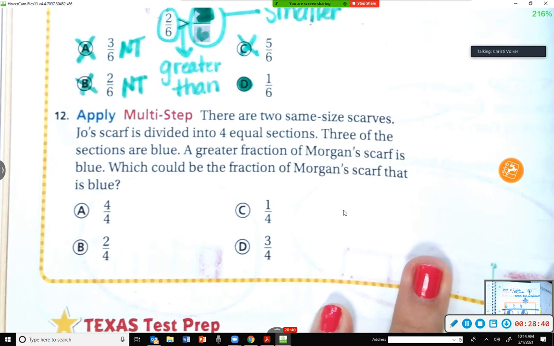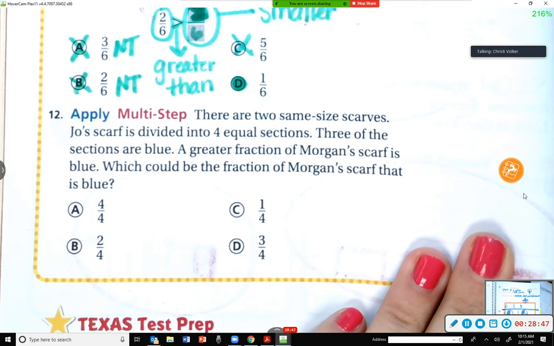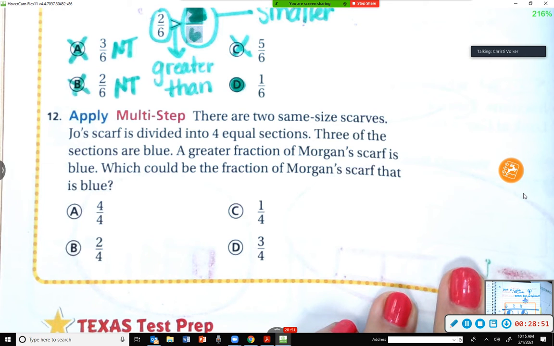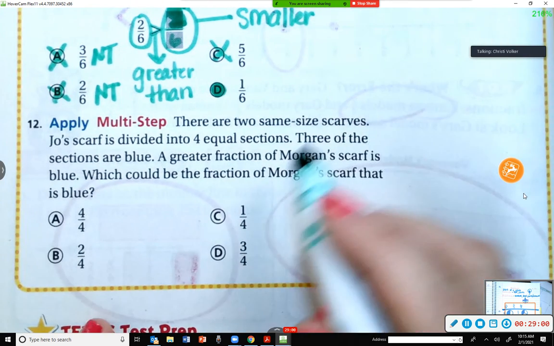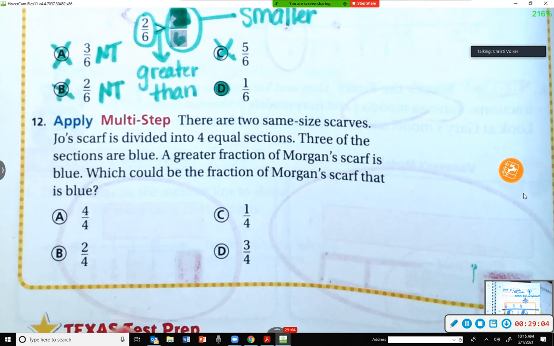Okay, here's the one we all got stuck on. There are two same size scarves. Joe's scarf is divided into 4 equal sections. 3 of the sections are blue. A greater fraction of Morgan's scarf is blue. Which could be the fraction of Morgan's scarf that is blue? Okay, so when I walked around, I didn't see anybody that had a picture drawn to help them.